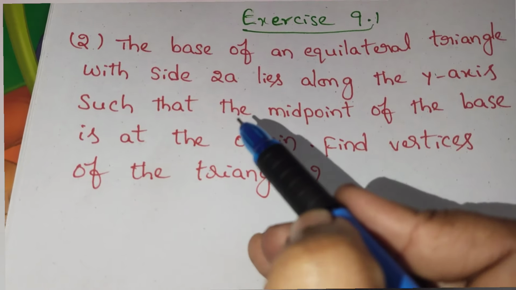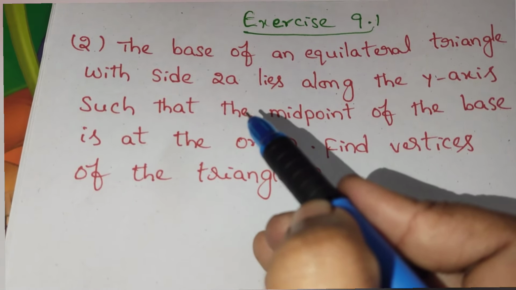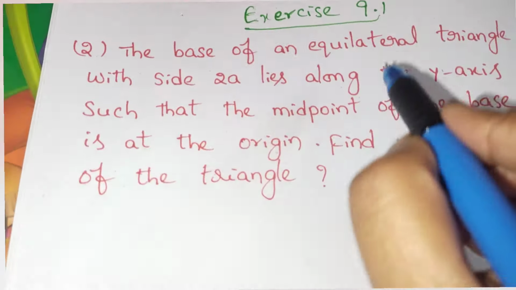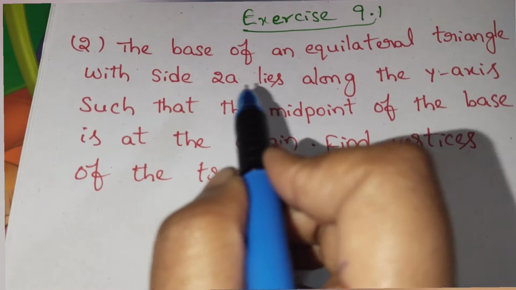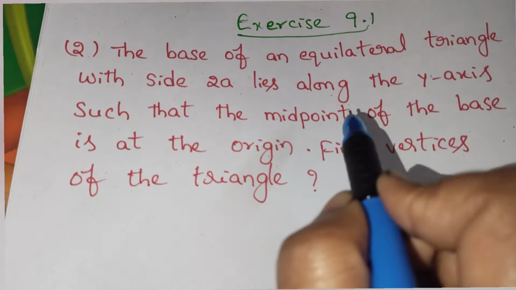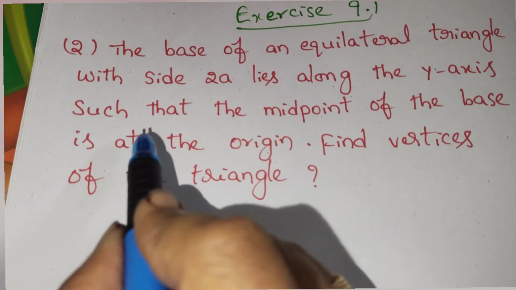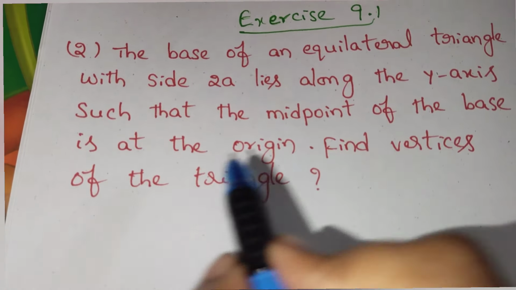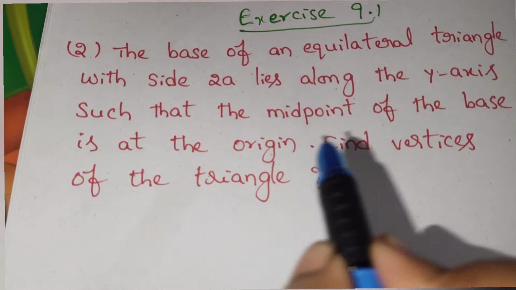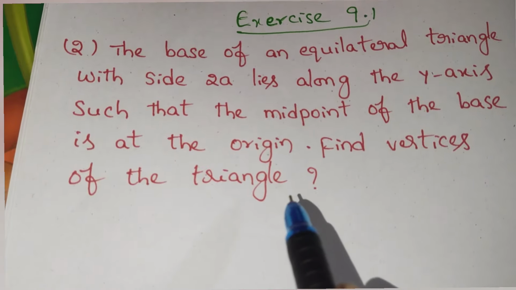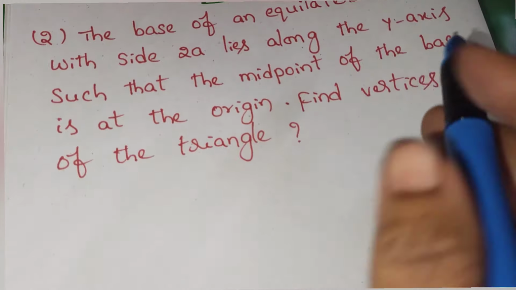Next important question in exercise 9.1: the base of an equilateral triangle with side 2a lies along the y-axis such that the midpoint of the base is at the origin. Find the vertices of the triangle. So the triangle is equilateral.